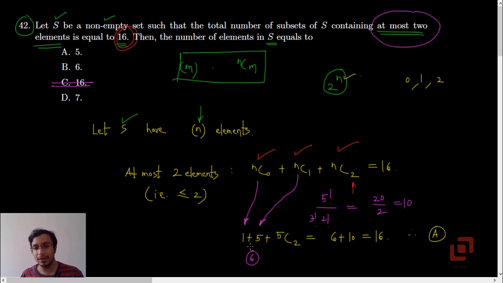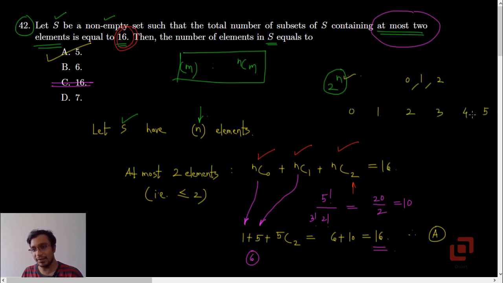And indeed we are now getting 1 plus 5 plus 10 equal to 6 plus 10 equal to 16. Correct? So how many elements are there in set S? 5. Correct? Yes.